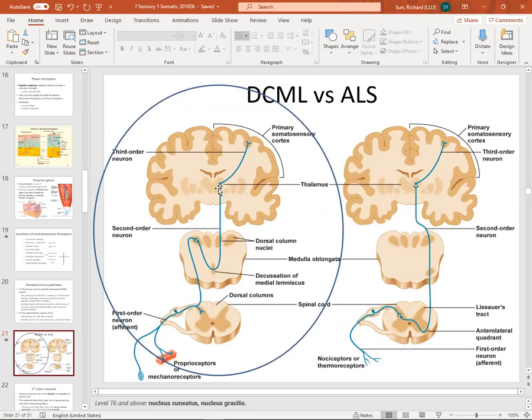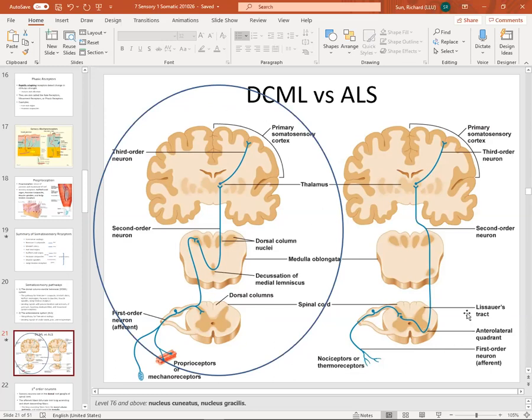From the thalamus, this is the lateral posterior part of the thalamus, this is first, this is second, this is third. The third neuron will then send signal into the primary somatosensory cortex. And then you can feel it, all right? So this is DCML.